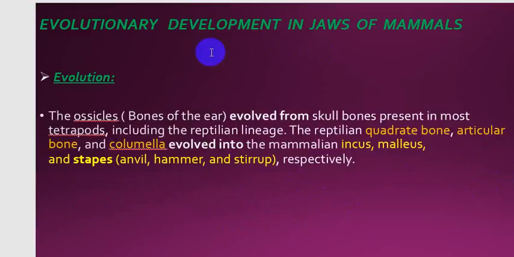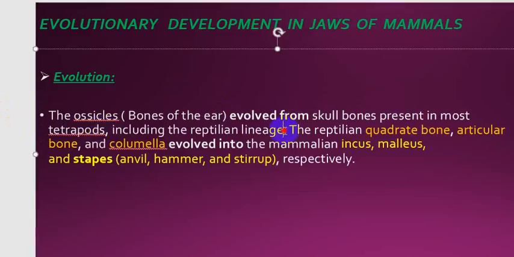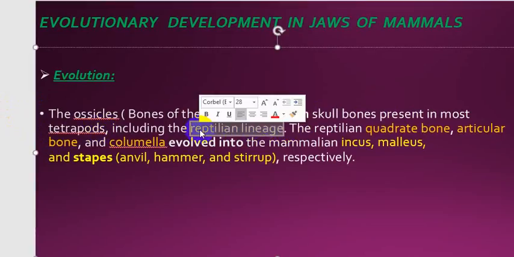Well, the ossicles, the bones of the ear, evolved from the skull bones present in most of the tetrapods, including those that have a reptilian lineage. Certainly, we mammals have a reptilian lineage as well.